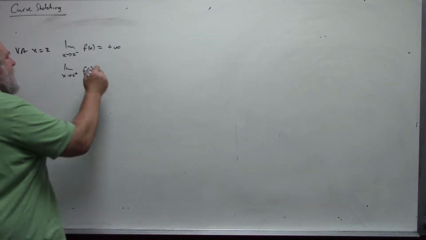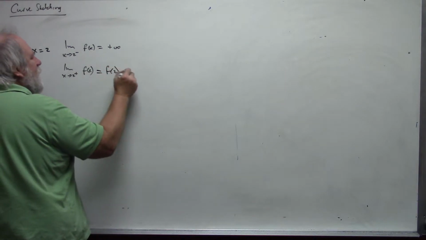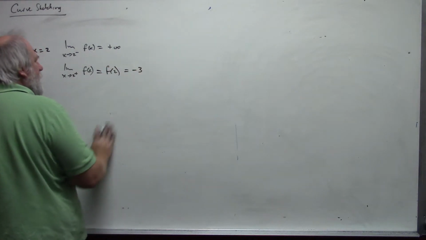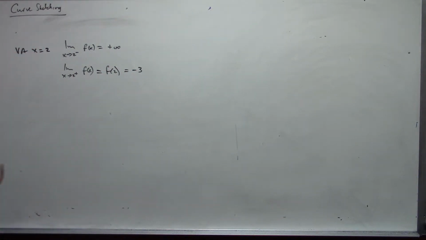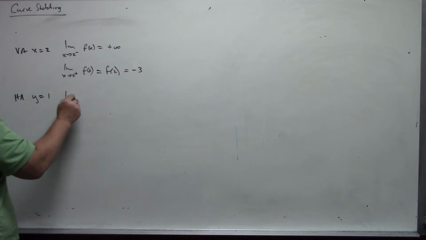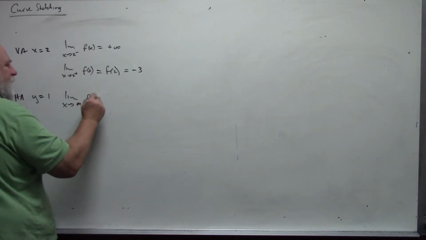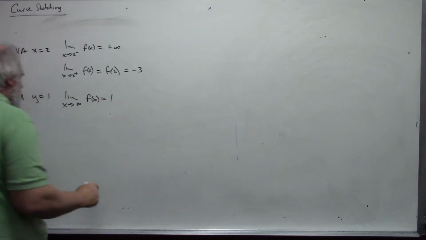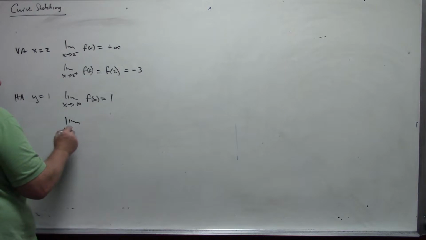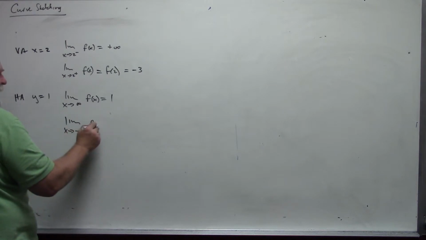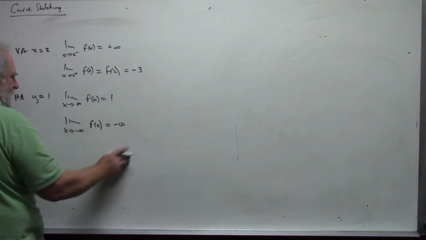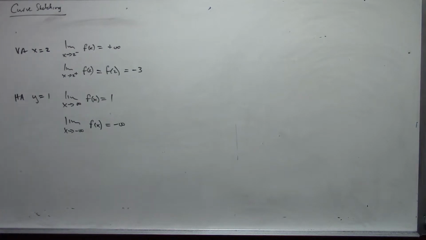In fact, it is the same as the functional value at 2, and we'll say that is negative 3. I've got a horizontal asymptote at y equals 1. That is, the limit as x approaches positive infinity of f of x is 1. However, the limit as x approaches negative infinity of f of x is negative infinity. This has a horizontal asymptote, but only on one side.